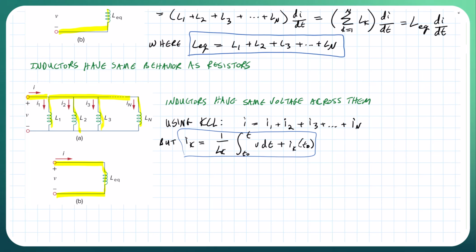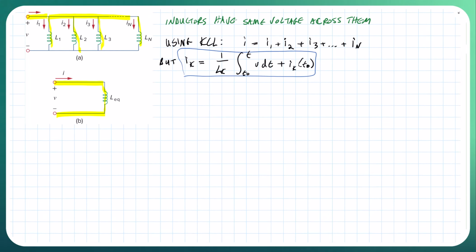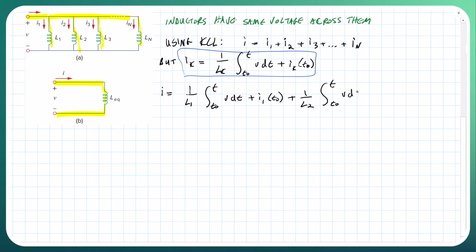So I is going to equal 1 over L1, the integral from t naught to t of v dt plus I1 at t naught, plus 1 over L2, the integral from t naught to t of v dt plus I2 at t naught, plus down here 1 over L sub n, the integral from t naught to t of v dt plus I sub n at t naught.